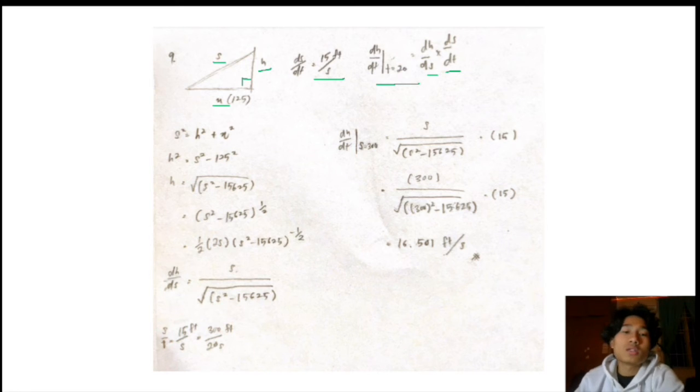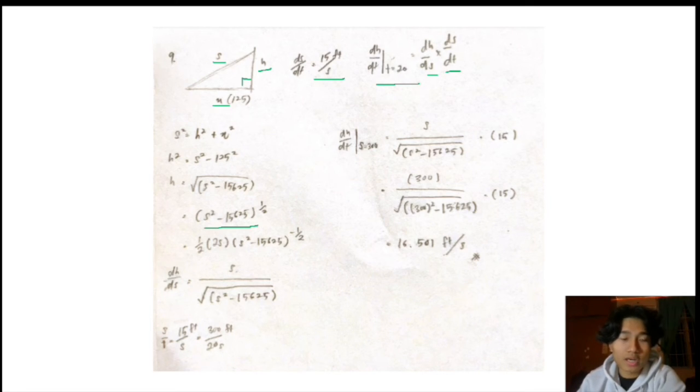As we can see right here, this is a 90-degree triangle. So we can use the Pythagorean theorem, where s squared equals h squared plus x squared. Substitute the value of x into the equation, and then find h in terms of s, where we got h equals s squared minus 15,625 to the power of 1 over 2.